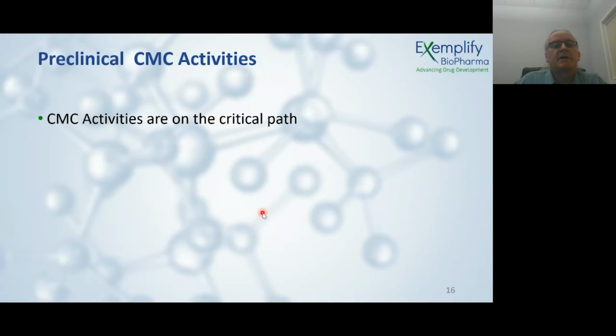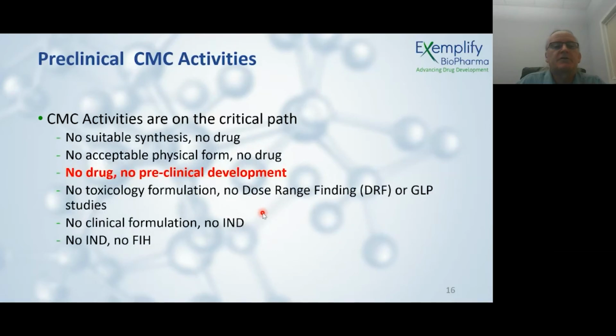So I guess to kind of finish up, the CMC activities in this space are pretty much all on the critical path. Essentially, the drug substance is usually the one that's most critical, because without it, you can't run the program. Without it, none of the other functional groups can start any of their activities. You can't start the toxicology.